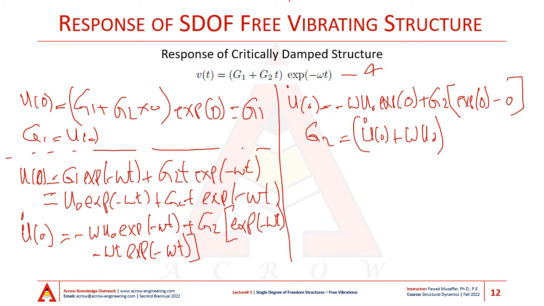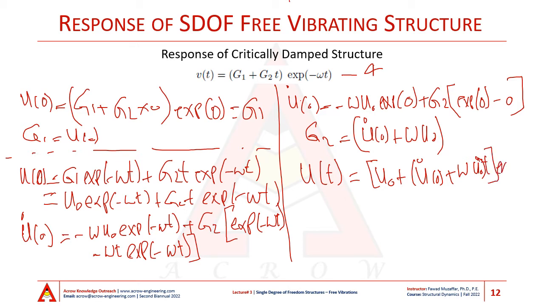Plugging in the values of G1 and G2 in equation 4, we get u(t) is equal to u naught plus u dot naught plus omega u naught into t exponential of minus omega t.